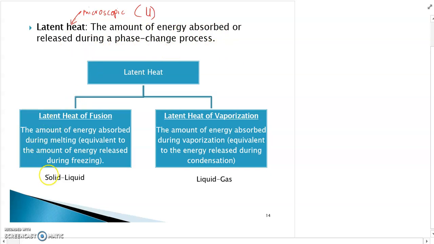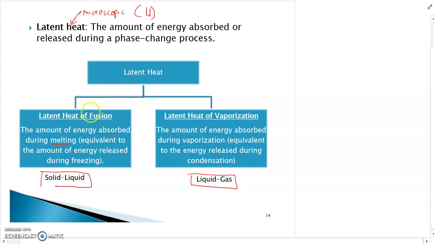So it can be for solid-liquid cases, which is latent heat of fusion, or liquid-gas phases, which is known as latent heat of vaporization. So now let's look at latent heat of fusion. It is the amount of energy absorbed during melting, which is equivalent to the amount of energy released during freezing.